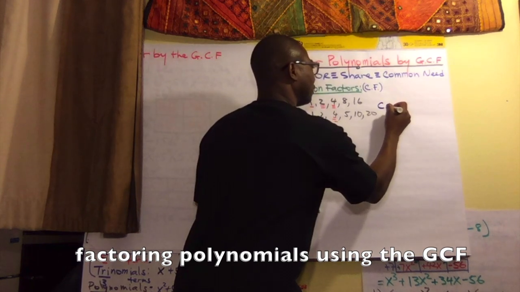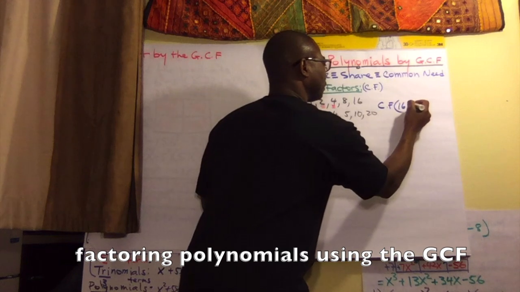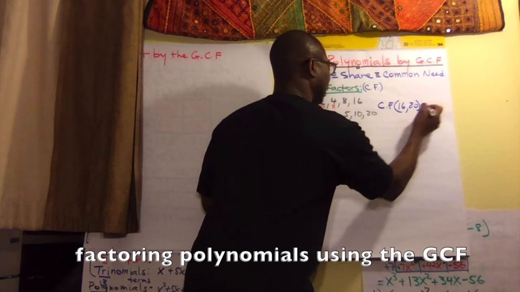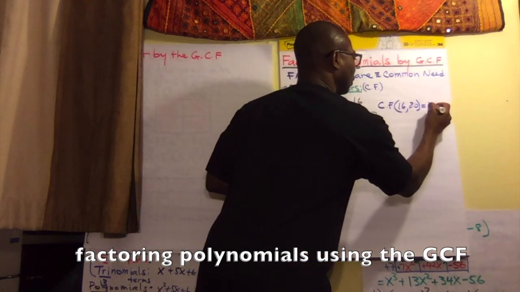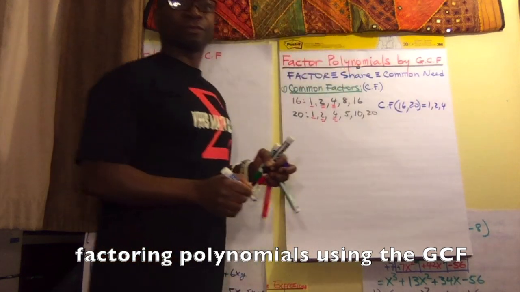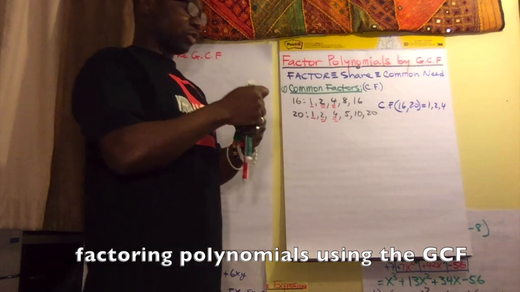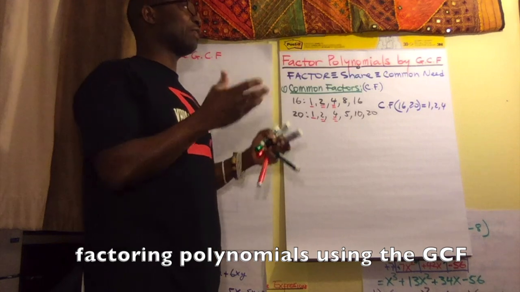So the CF for 16 and 20 is 1, 2, 4. That's really easy. Looking for the common factor is looking for what they have in common.